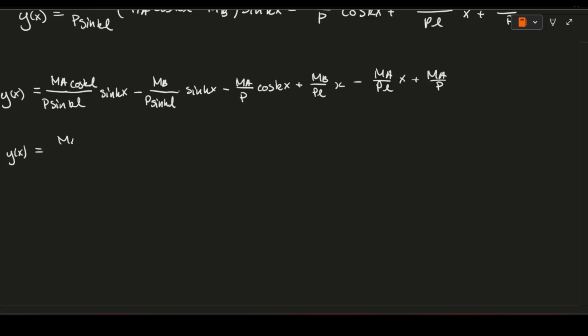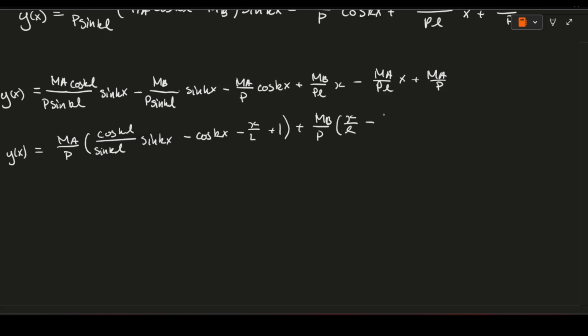Okay, so we get MA over P, then we have cosine KL over sine KL times sine KX minus cosine KX minus X over L plus 1, plus MB over P times X over L minus sine KX over sine KL.